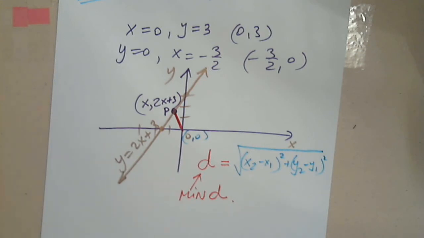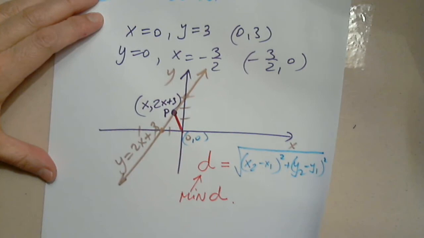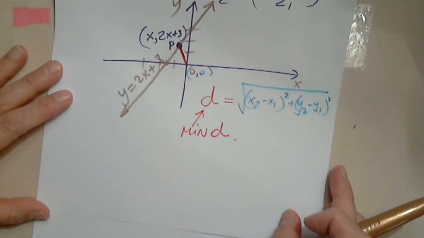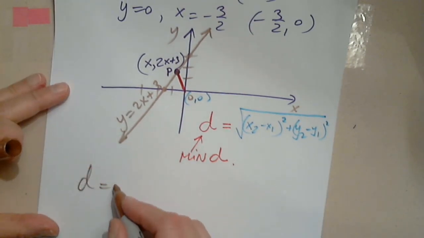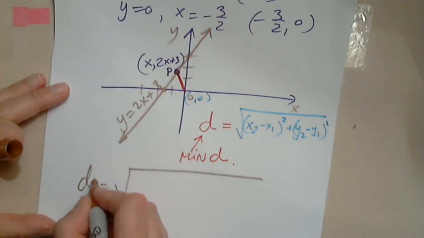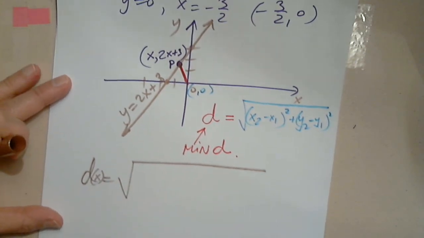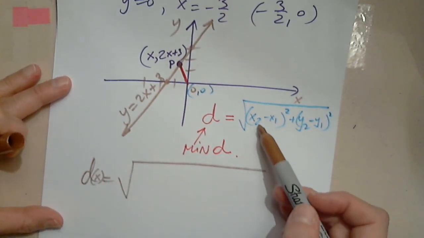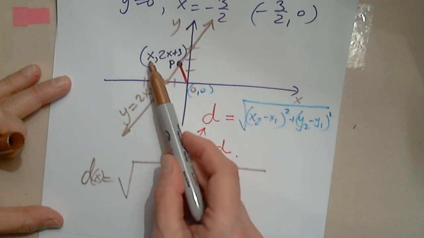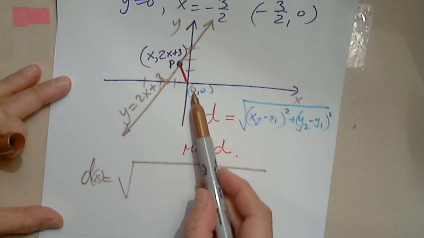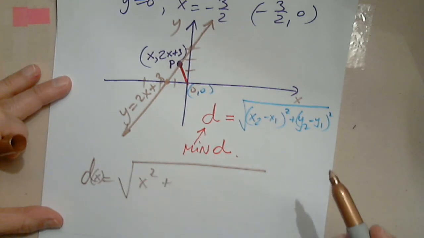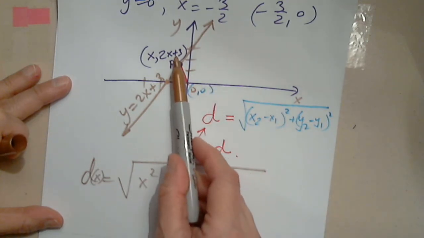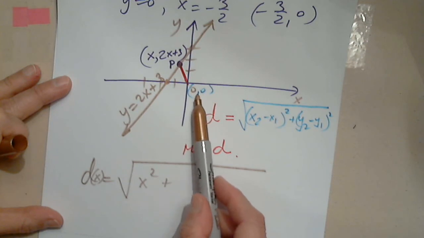So then I'm going to plug it in, and I get a distance, which is the square root, and it will be a function of x only. x2 minus x1 squared, well, that's x squared plus y2 minus y1 squared.